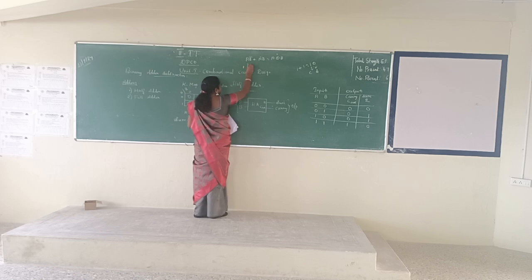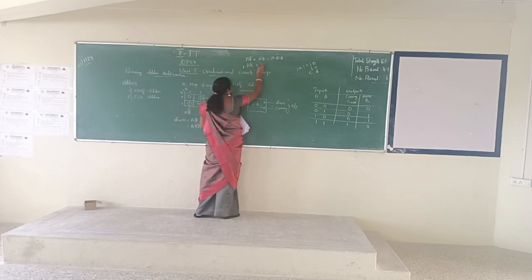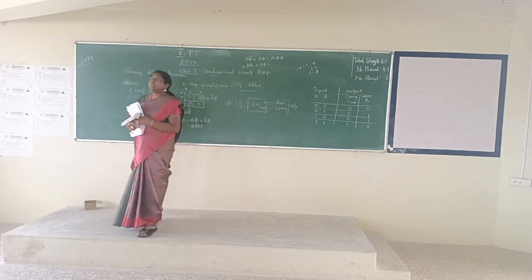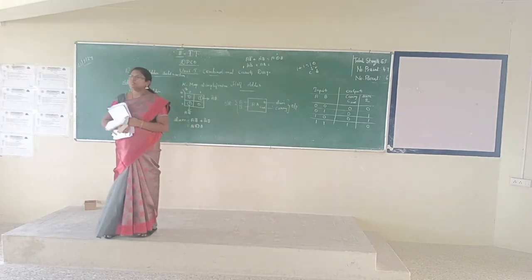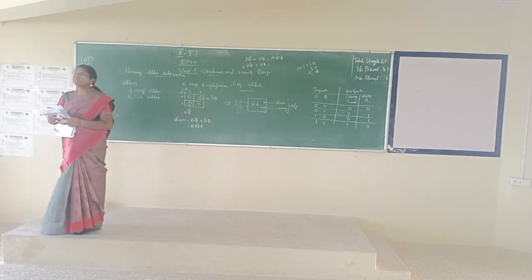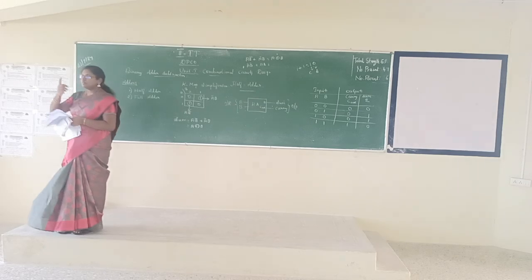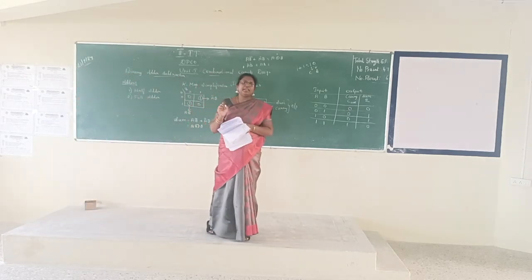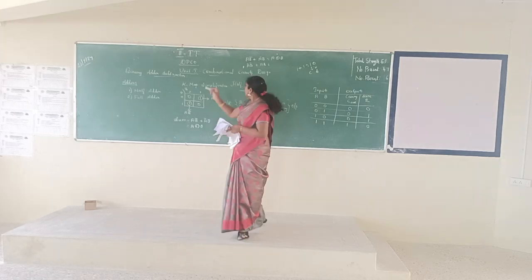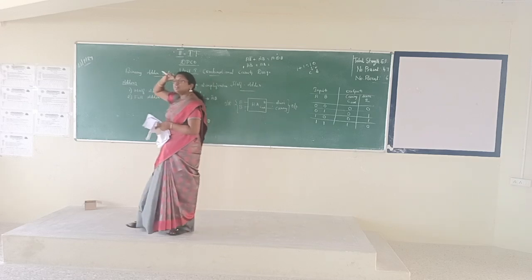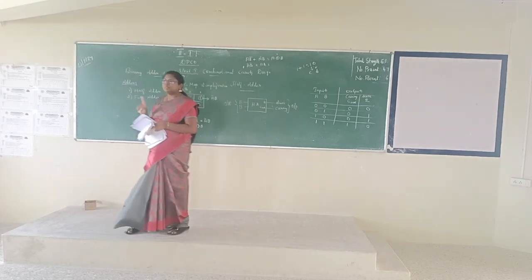Then I have one more. That is A bar B bar plus A B is equal to what? A bar B bar plus A B is the XNOR. So A B bar plus A bar B is nothing but A XOR B. And A bar B bar plus A B is A XOR B the whole bar.